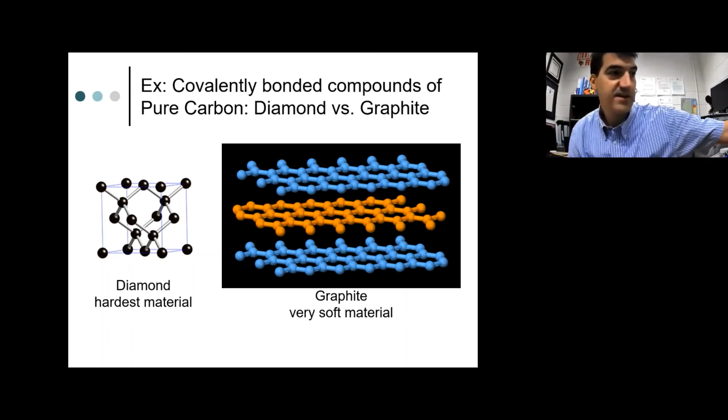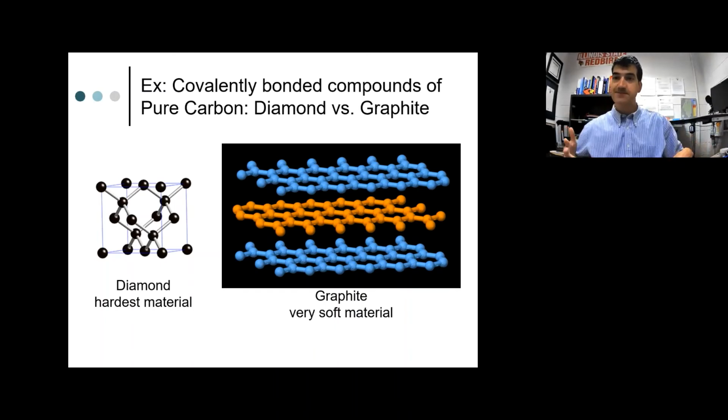Graphite is pretty cool because it is made from two-dimensional sheets stacked on top of each other. And those two-dimensional, flat sheets are called graphene. You may have heard of that before. It's been in the news in the past couple of years. Graphene has some really cool properties. Graphene is an individual sheet like this.